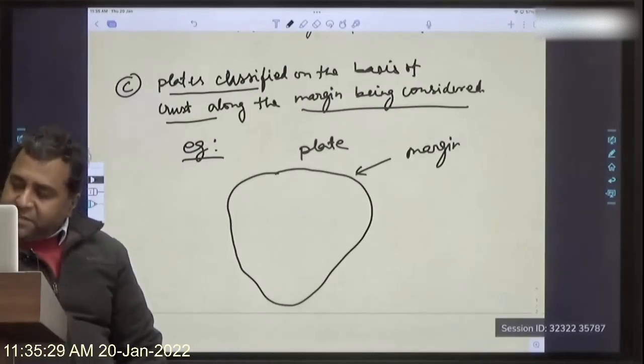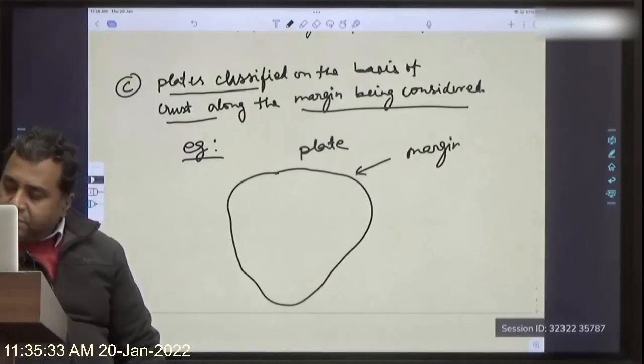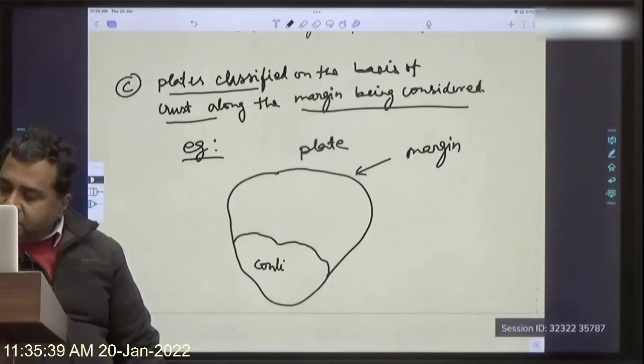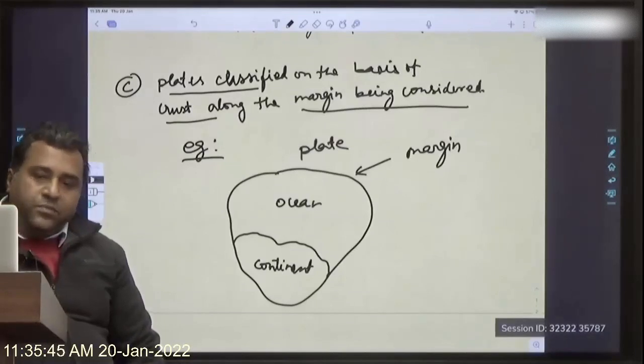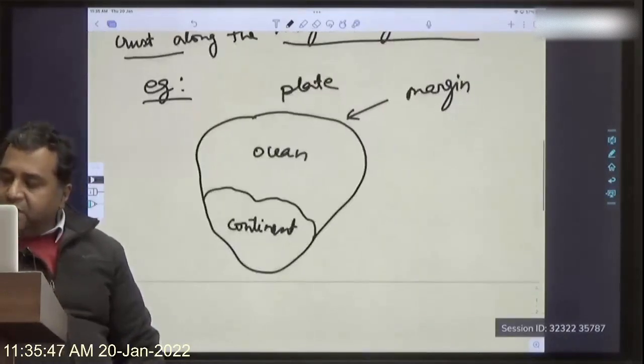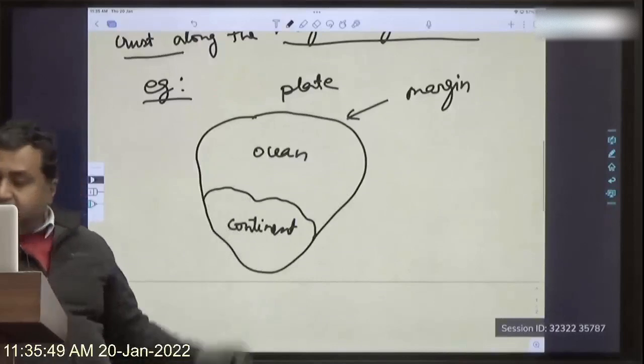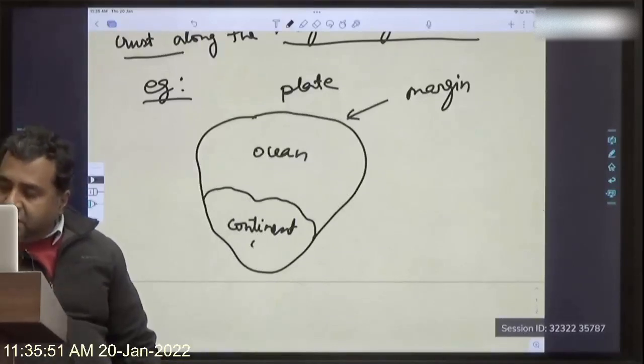And let us say on this plate I have a continent here and ocean this side. So this is the continental crust, and the other one is ocean crust.